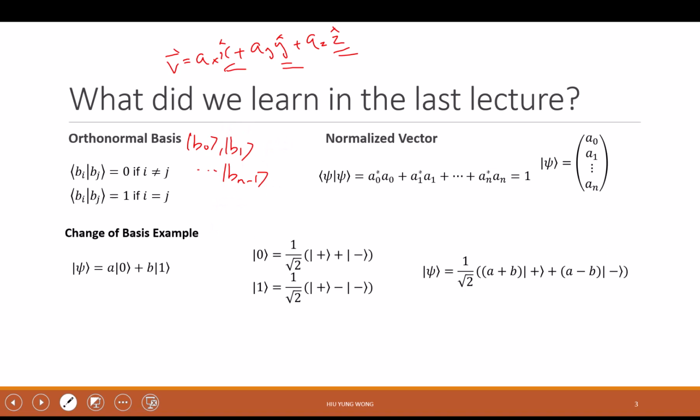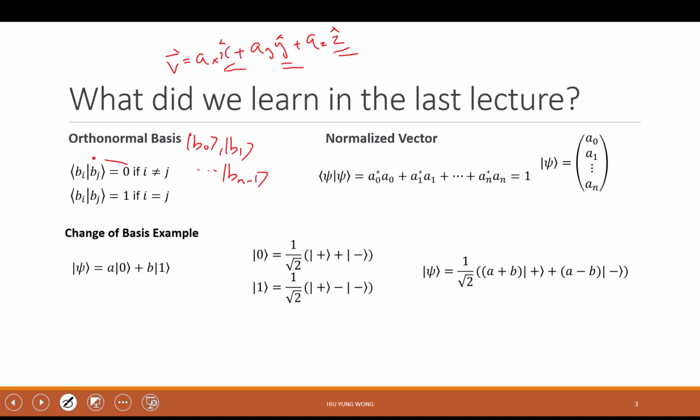It is more convenient, and we want to do that throughout all the quantum computing exercises, that we choose an orthonormal basis. This means that when i is not equal to j, you are not the same vector, their inner product is 0. This means they are orthogonal, right?